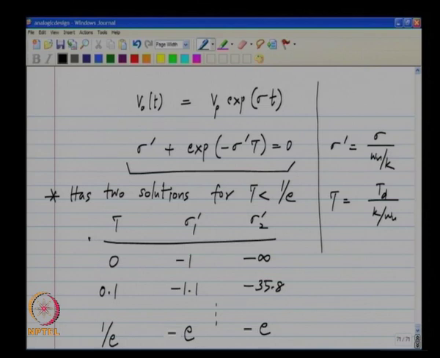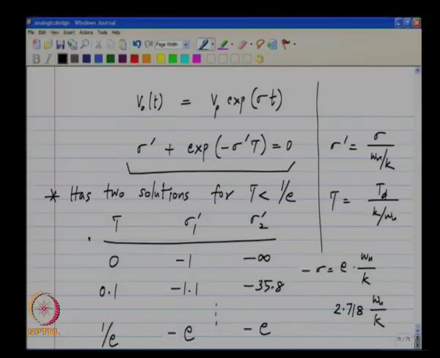So when tau equals 1 by e, that is when the delay is approximately 0.36 of the time constant k by omega u, we get two identical roots at e times omega u by k, or 2.718 times omega u by k. As we saw yesterday, the interesting part is that with this much delay, the response actually gets faster. There is no overshoot with this kind of delay.